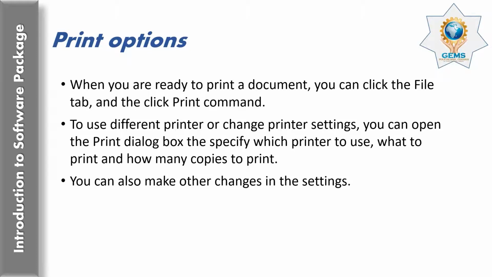You can also make other changes in the settings. For example, if you want to print A4 size, you can choose a normal size printer. If you want to print A3 size or any other higher size, you can go for a higher level machine.